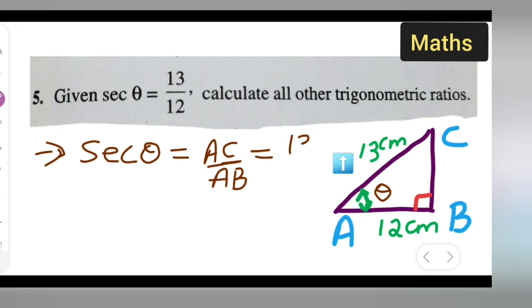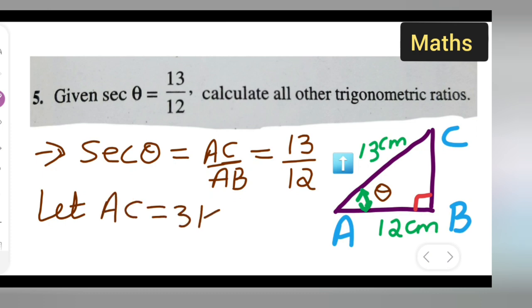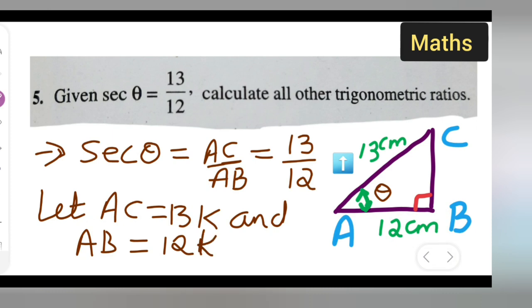AC is 13 and the adjacent side is 12. Now let AC be 13k and AB be 12k, where k is a positive integer.